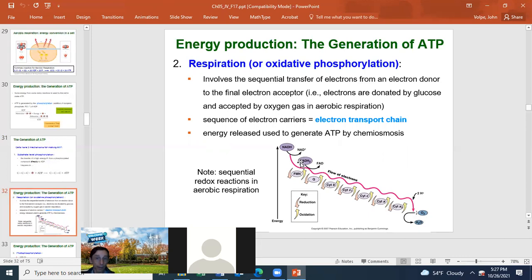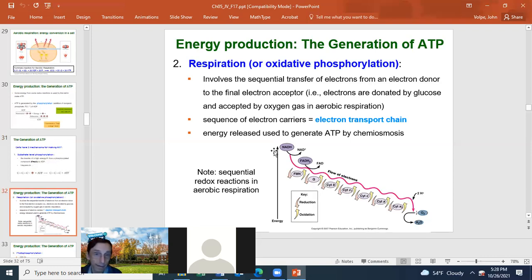And along the way, the electrons move from one molecule to another. And in each step, some of the energy in that electron is given off. And then the cell can use that energy to make ATP.